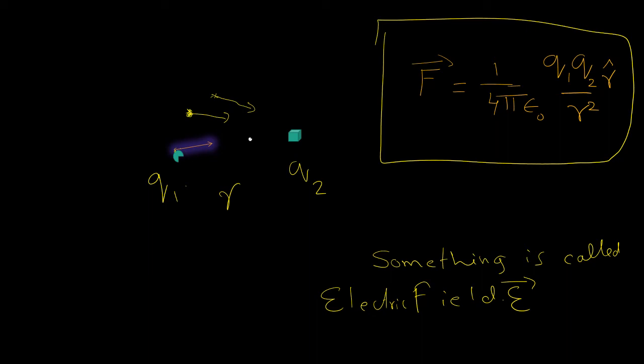If another charge q comes here, it sees the electric field here and it will respond to that electric field. The force is like this, and if that charge comes here and it sees the electric field in this direction, it will respond to that electric field, force will be like this.